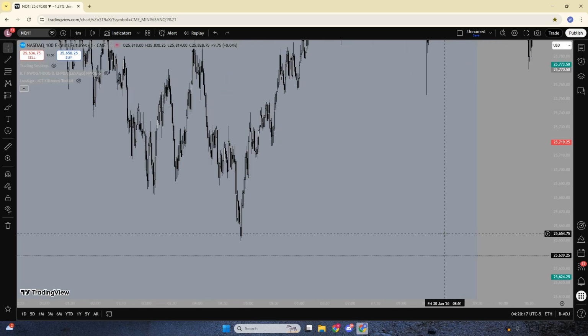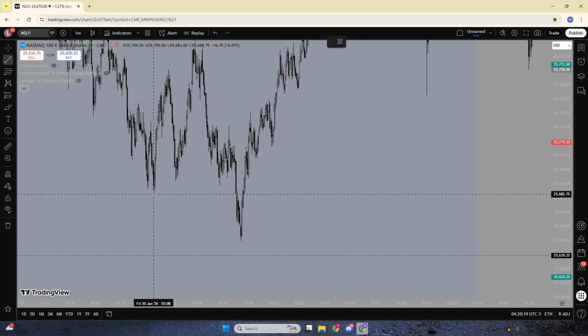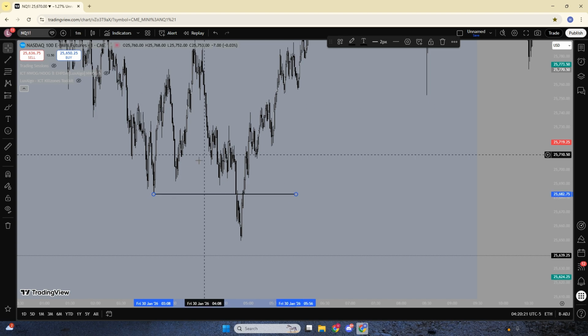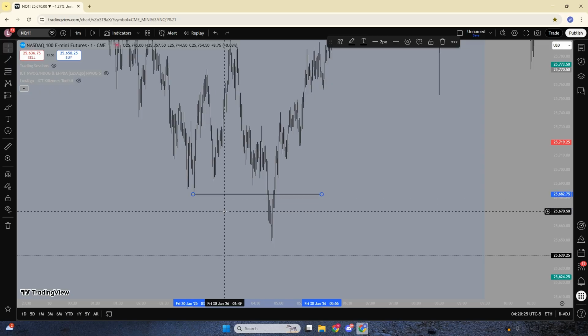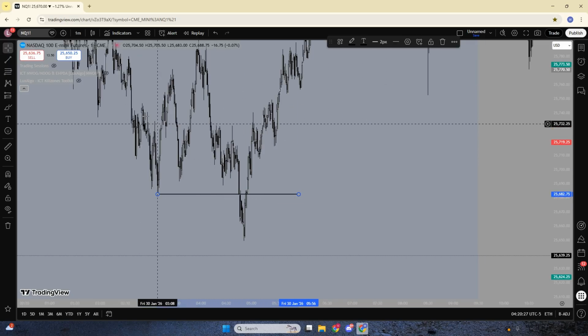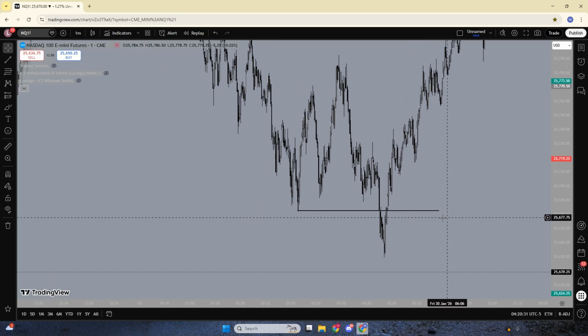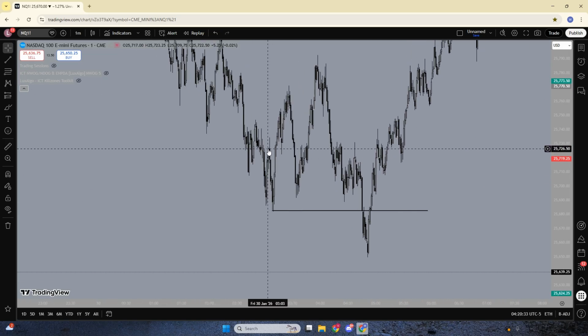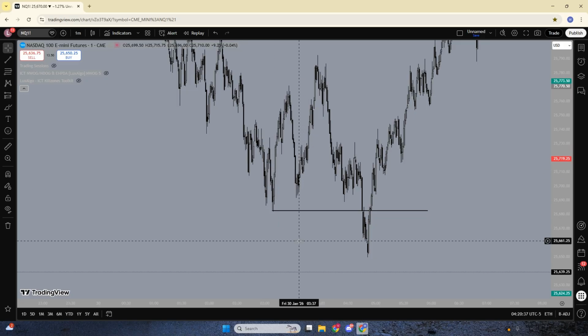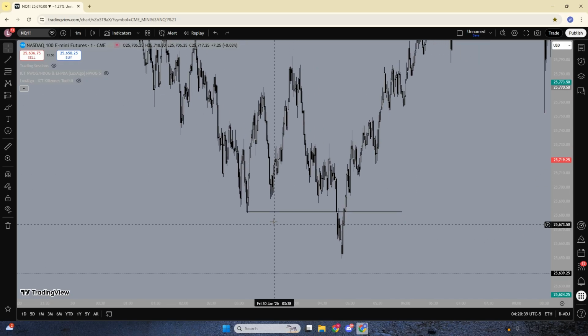Here's a better example, right? Boom, a lot of resting liquidity right here, because all the retail traders think it's reversing here. They think after a break, they think this is a break of structure, and then it's gonna rip up, right? No, no, no, no. They have their stops right here.